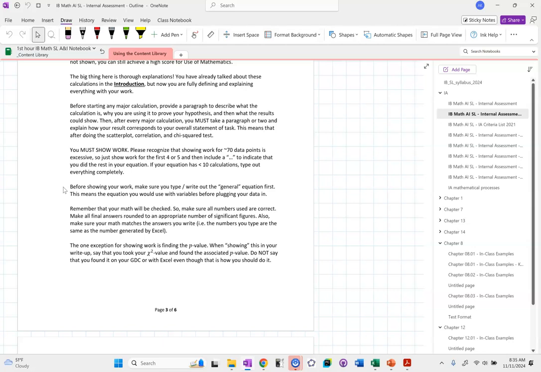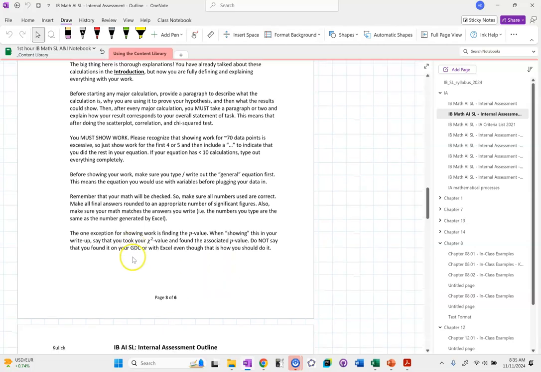So what do we say? Just say you took your chi-squared value that we'll calculate, we'll show the work to do that, and found the associated p-value. That's all you need to say. Don't say how you did it, just saying that you did it is enough. Okay?